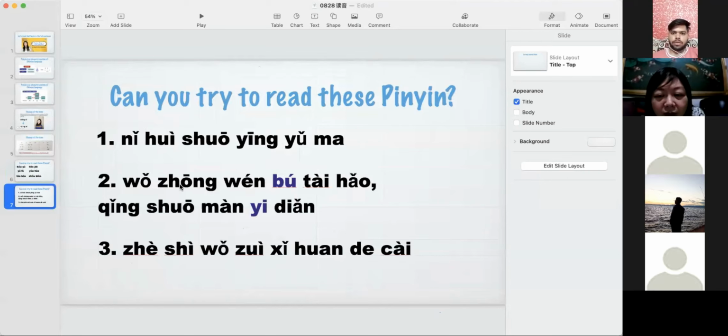Here, can you try to read them in the full sentence? Pay attention to the 你 tone, okay? 你会说英语吗？ No, here, 英语. Yes, perfect. Try again. 你会说英语吗？ Yes, perfect.